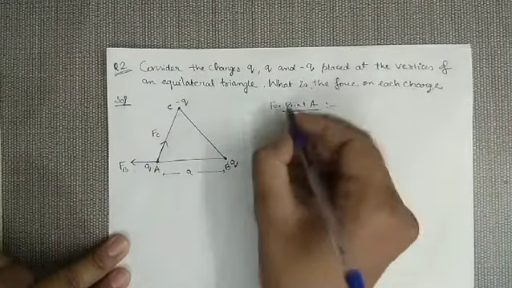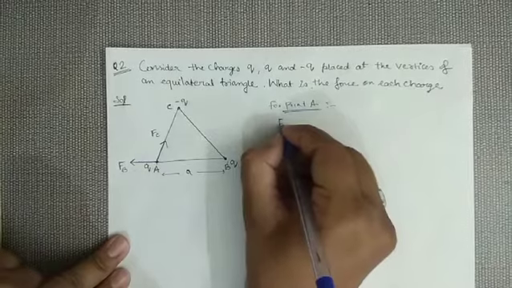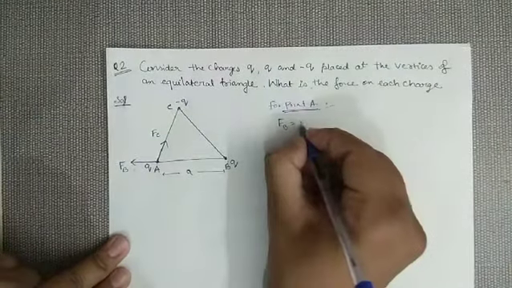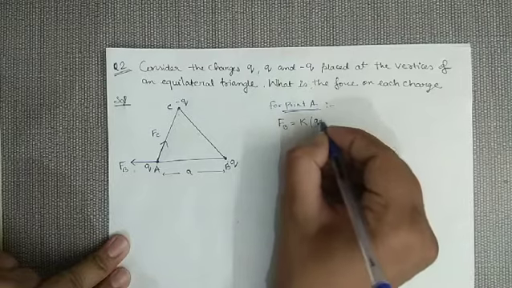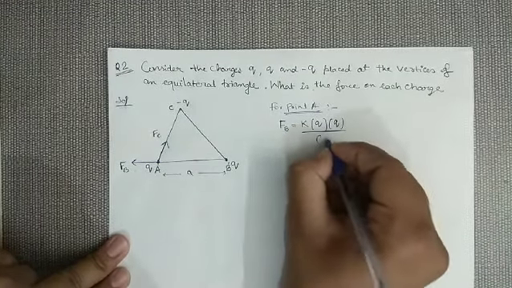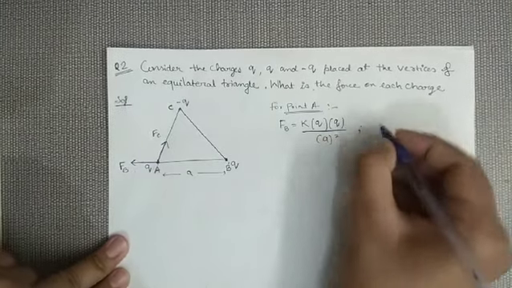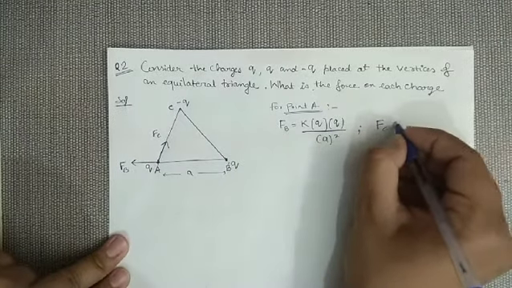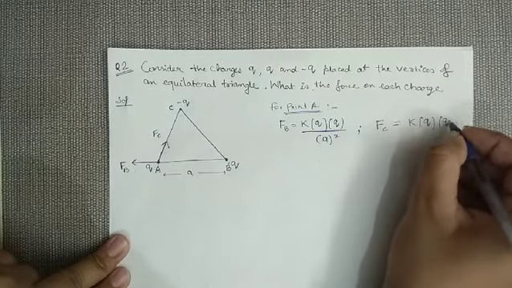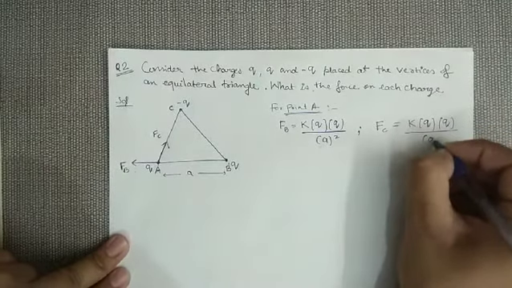First of all, let's calculate the value of this. Now what is FB, the force applied by B? According to Coulomb's law, it is K, first charge, second charge, upon the square of the distance, that is A square. And the force applied by C is also K Q square upon distance A square.